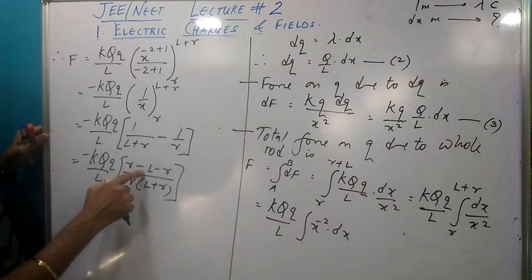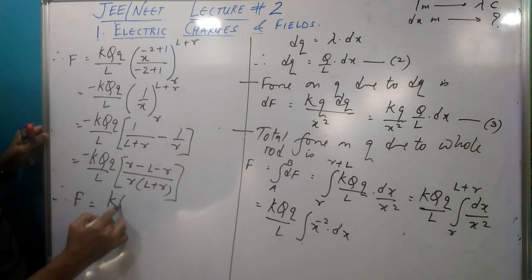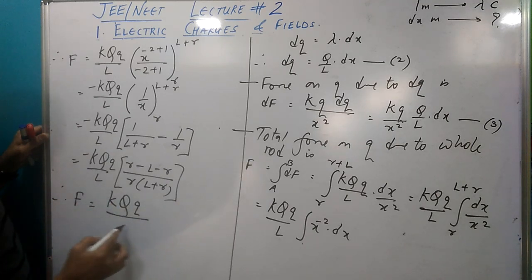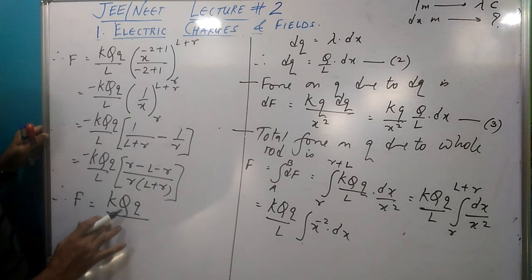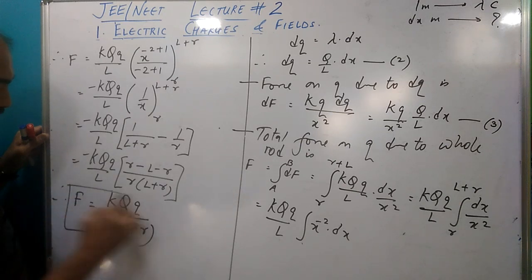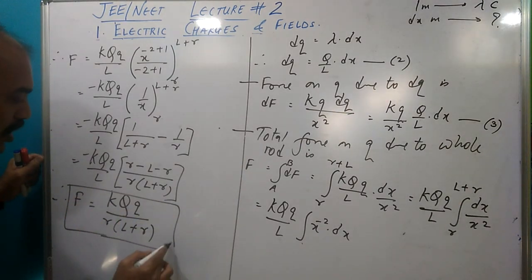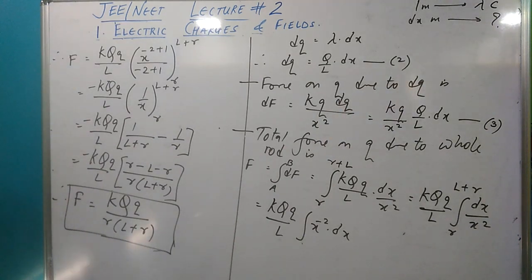So R minus R goes away, minus L remains. Minus minus goes away, L gets cut. So your force F is kQQ over R into L plus R. So this was the force on charge Q due to the entire rod.